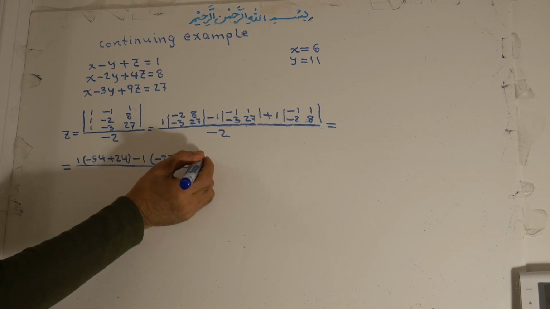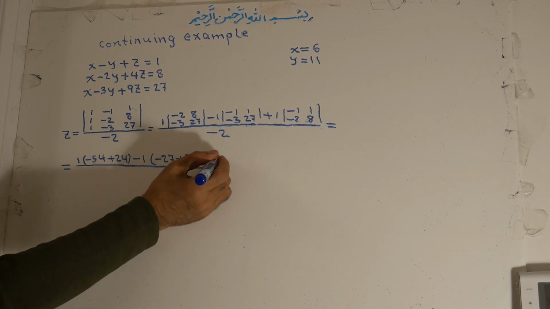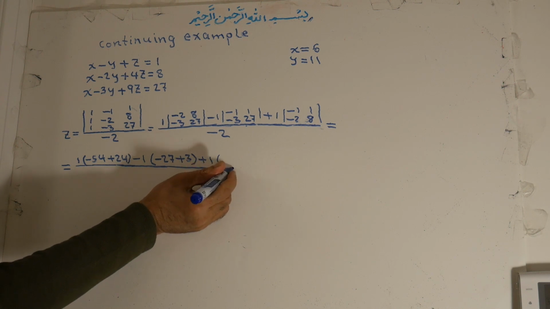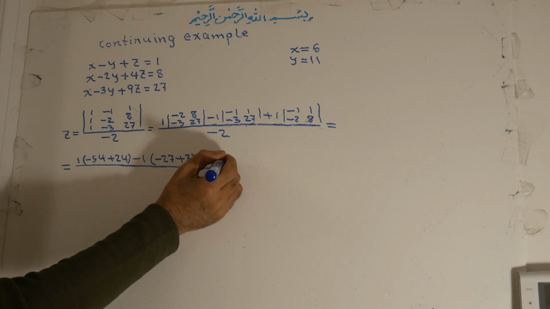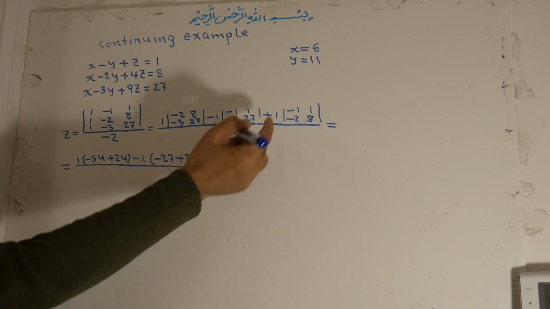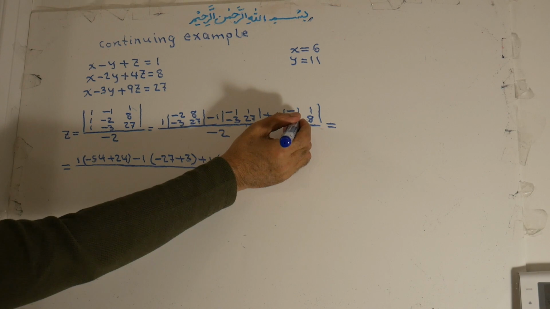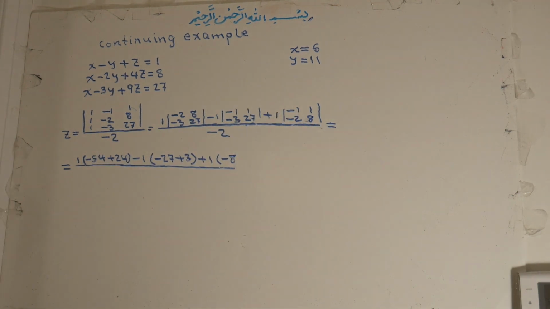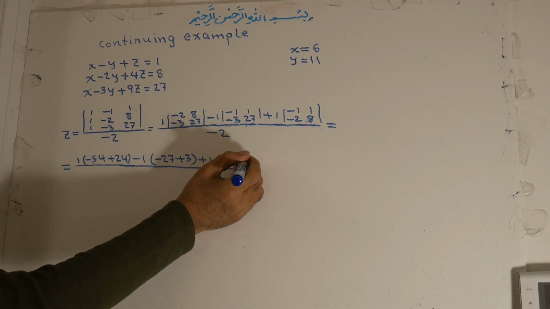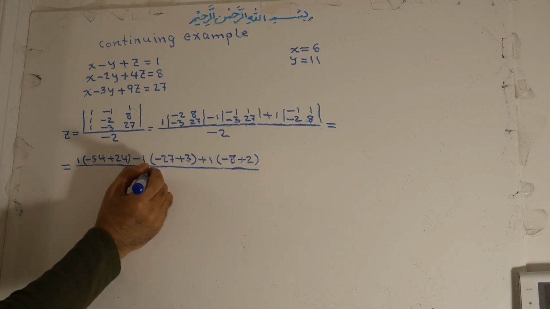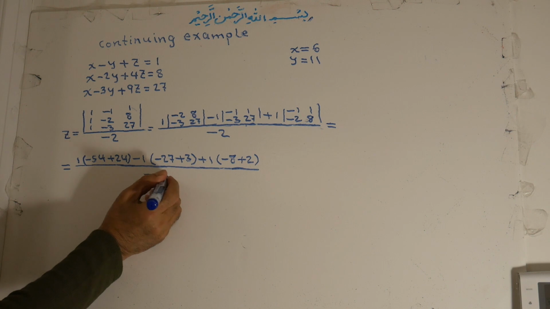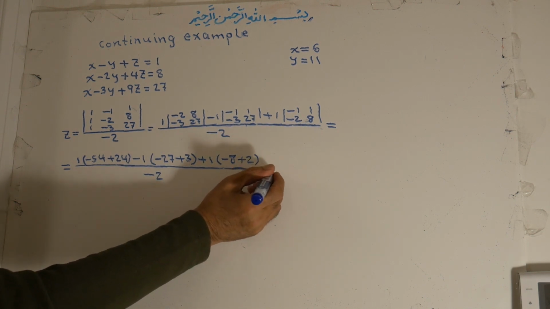And plus 1 times, minus 1 times 8 becomes minus 8, and minus 2 times 1 is minus 2, with the opposite sign becomes plus 2, and the denominator is minus 2.